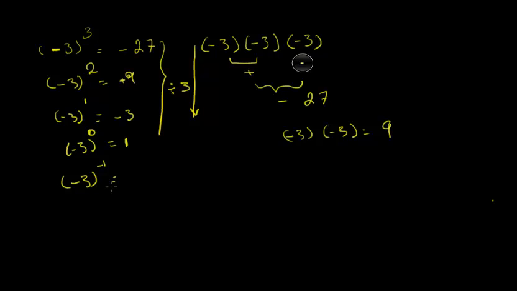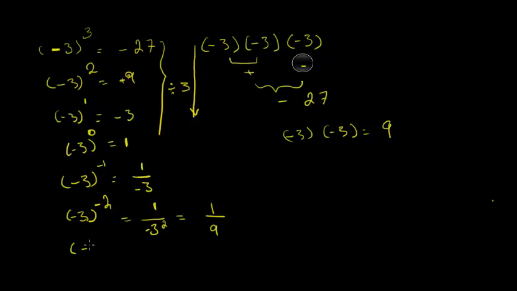So in order to eliminate the negative power, as you know, we write the reciprocal of it. It will be 1 over minus 3. But since minus 3 doesn't have anything to multiply with, it remains minus 3. Minus 3 raised to the negative 2, we write it as 1 over minus 3 to the second power, which will be 1 over 9.